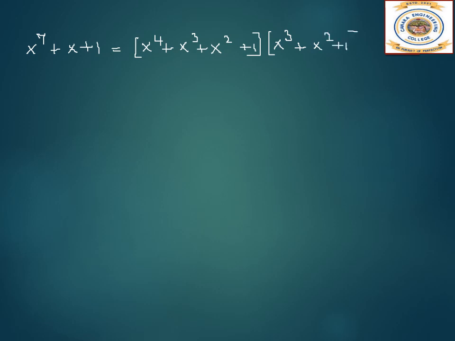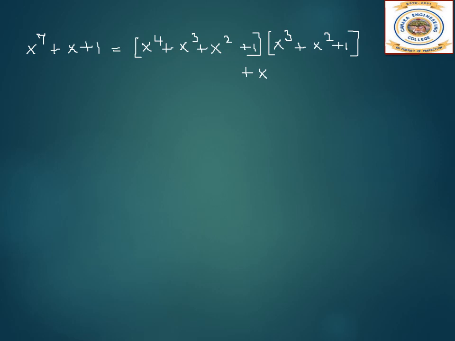Now applying division algorithm, I can write it as x to the power 7 plus x plus 1 equal to x to the power 4 plus x cube plus x square plus 1 into x cube plus x square plus 1, plus x.